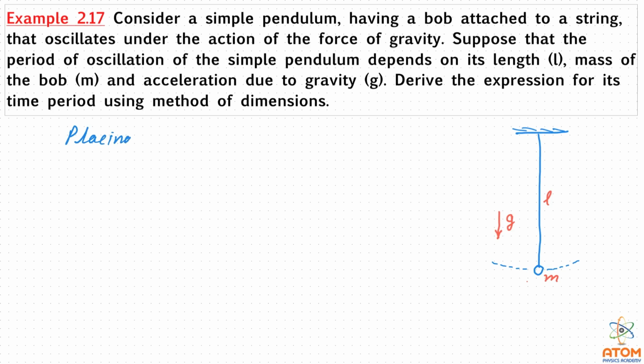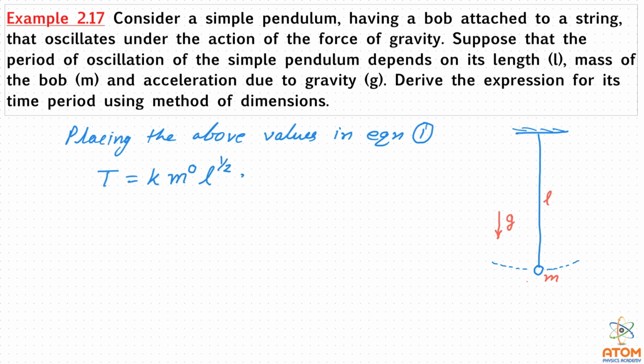Placing the above values in equation 1. So we can write T is equal to K m raised to A, but A is now 0, then L raised to B, but B is now 1 by 2, and G raised to C, but C is now minus 1 by 2.